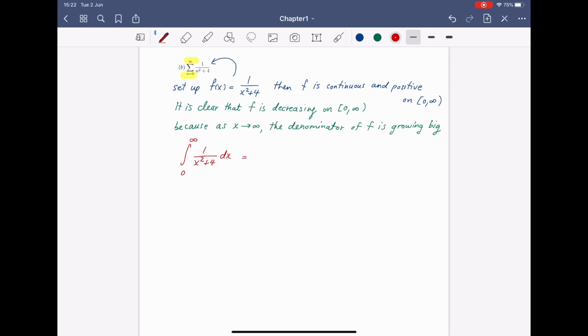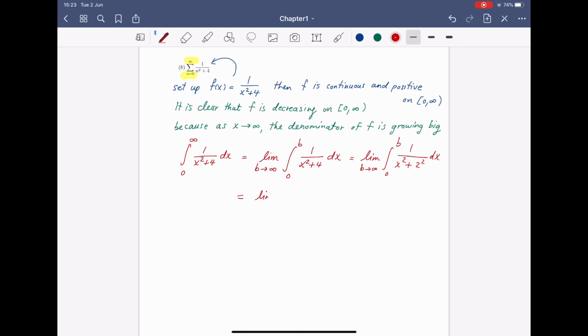This is an improper integral, so I'm going to take the limit as b goes to infinity of the integral from 0 to b of 1 over x squared plus 4 dx. This is the technique from Cal 1. Now we have 1 over x squared plus 2 squared dx. If you remember, when we have 1 over x squared plus a squared, this integrates to arctan.